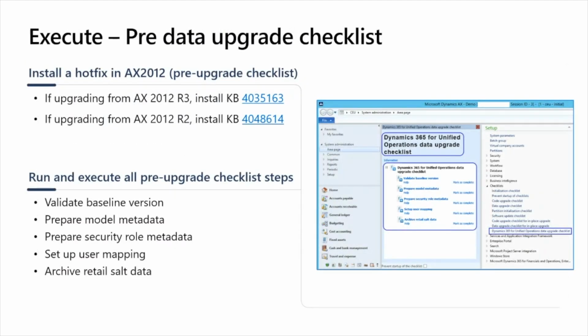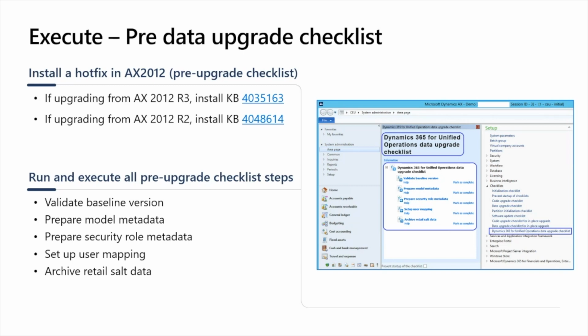Let's talk about a very important step for data upgrade: installing and executing the pre-upgrade checklist on the source system. We have different hotfixes for AX2012 R2 and R3, and here you can see the link in the first part. The question comes why it is needed. We all know that in AX2012 R2 and R3, we had two database concepts, the business database and the model database.